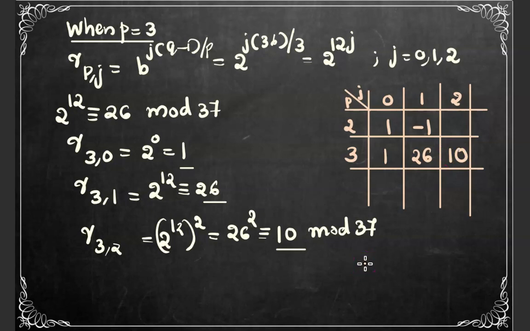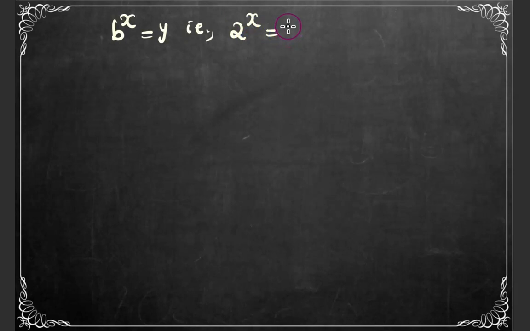Now we are ready to calculate the discrete log. That is, we will need to solve for x which satisfies the condition b raised to x is equal to y, that is, 2 raised to x is equal to 28. We will need to find an x modulo q minus 1, which is 36.